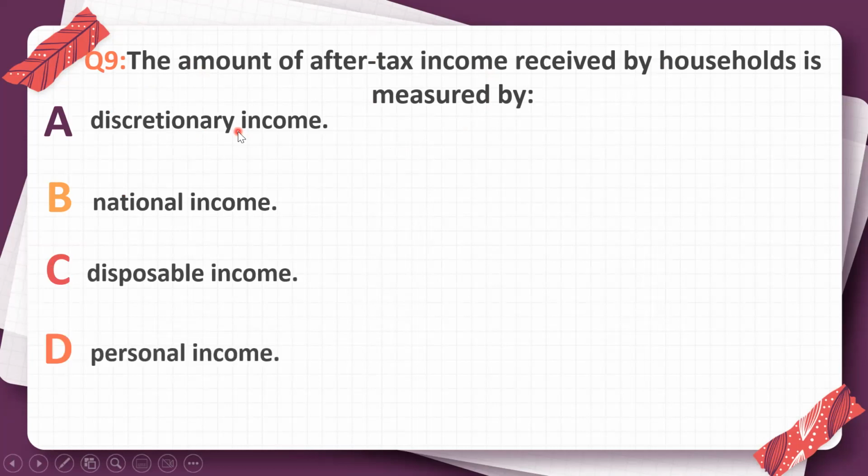When we exclude tax from the income received by household, we can get the disposable income. الدخل المتاح. الدخل المتاح للإنفاق هو عبارة عن الدخل or personal income minus tax. عشان كده ال disposable income أغلب الحالات بيكون أكبر من ال personal income.